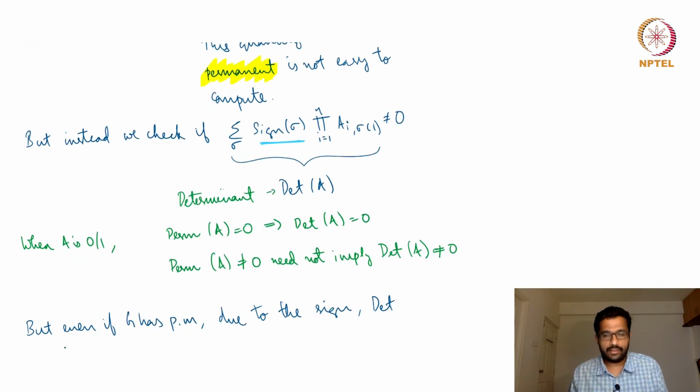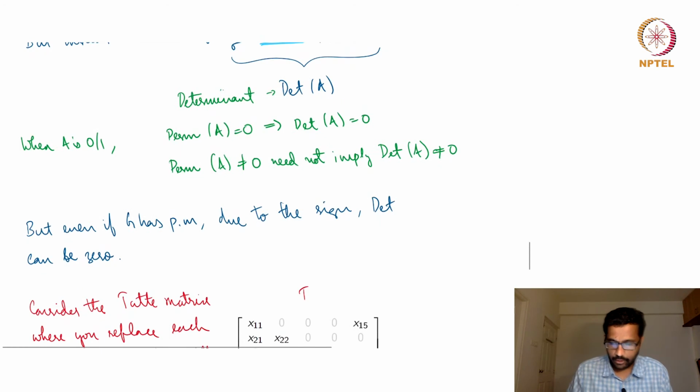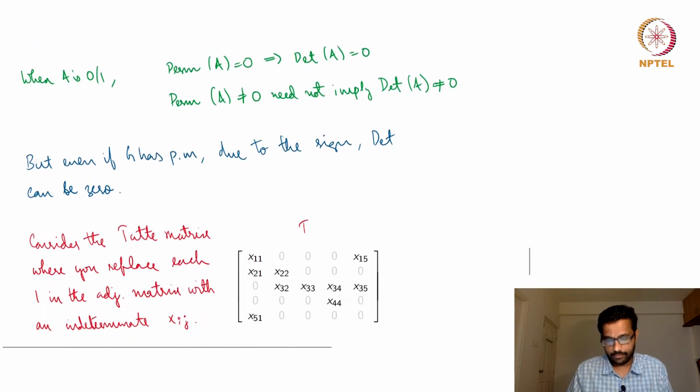So even though the determinant is easier to compute, checking the determinant is not the correct thing, because there could be matchings, which means the permanent is non-zero, but these matchings could cancel with each other, resulting in the determinant being 0. But if the determinant is non-zero, we know for sure that the permanent is non-zero, so we know for sure that there is a matching. But if the determinant is 0, it could be either because there is no matching or because there are matchings that cancelled with each other because of the sign. So the sign creates this problem.